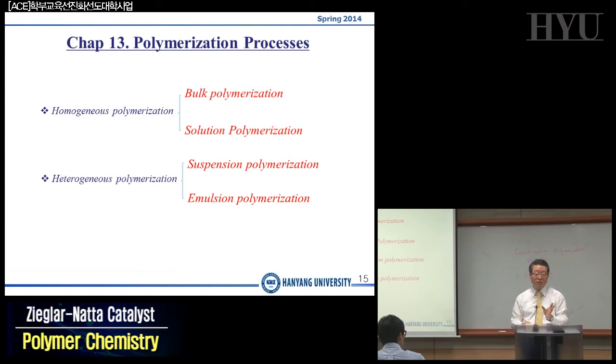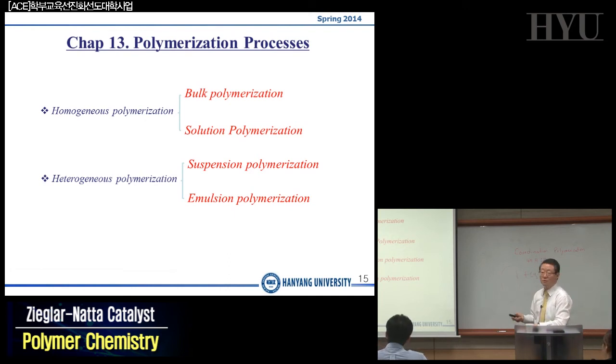And one of the disadvantages of this bulk system is how to control the temperature of your reaction systems. Because if you exert a lot of heat, then you have to absorb your heat anyway in order to prevent any explosion from your reaction systems, right? So controlling temperature, particularly reaction temperature, is one of the big issues in bulk polymerization systems, but it's possible.